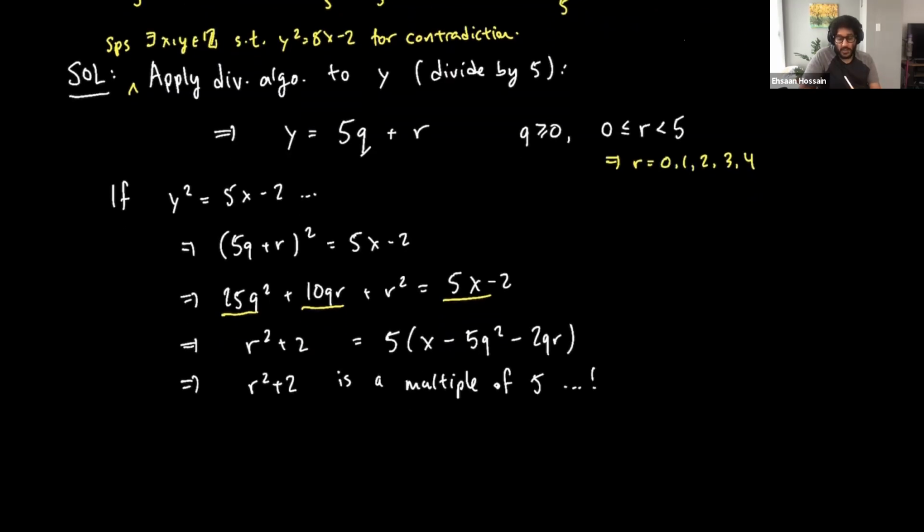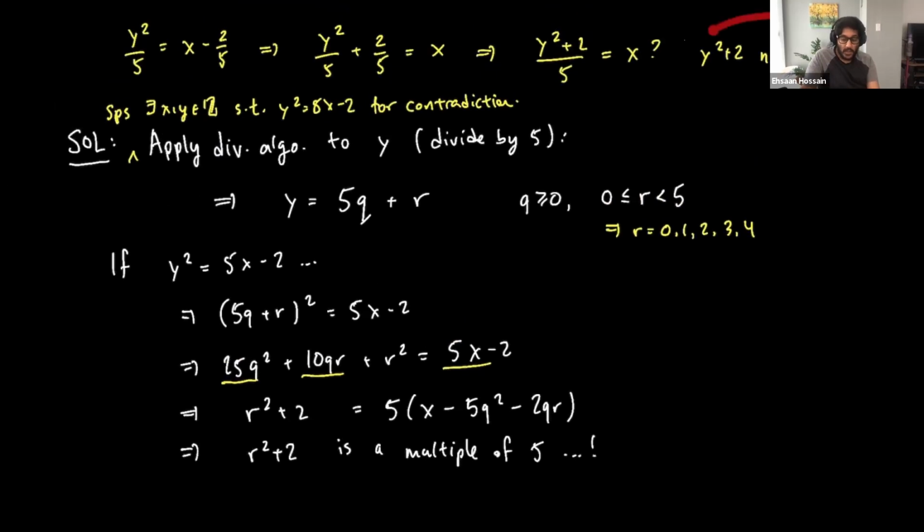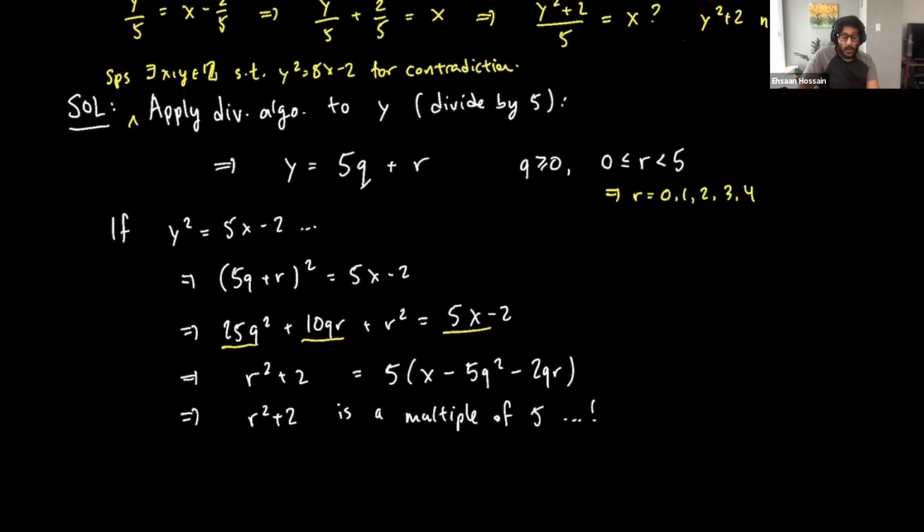Why is there a contradiction that r squared plus 2 is a multiple of 5? And notice that this is very similar to what Muhammad was saying earlier, right? Muhammad's argument ends up saying, can y squared plus 2 be a multiple of 5? We have to argue by contradiction. What's nice here is that now I have r squared plus 2, and I know there's only 5 possible values for r, right? So let's do cases.